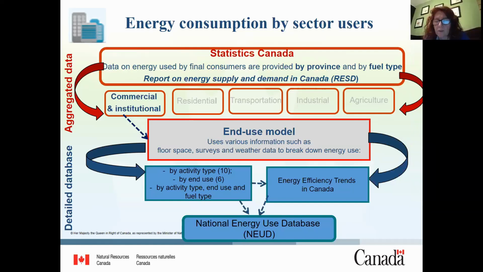It uses a bottom-up approach, and it's a dynamic model. It helps us to estimate energy use in the sector, and the data we have is on floor space, and we get some weather data and other surveys that we use.